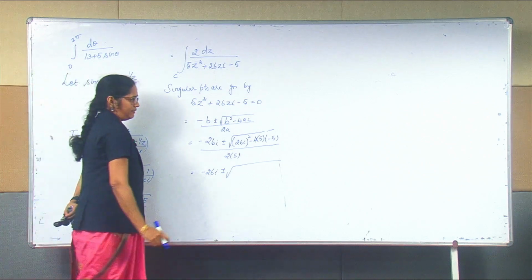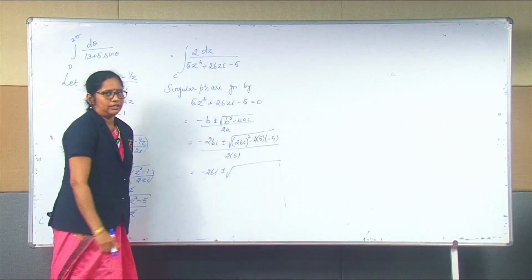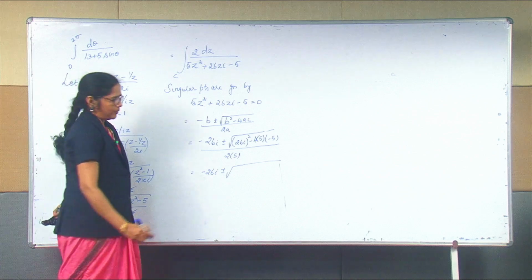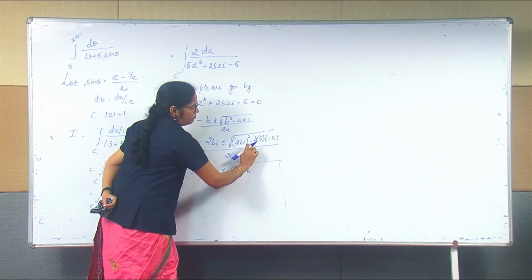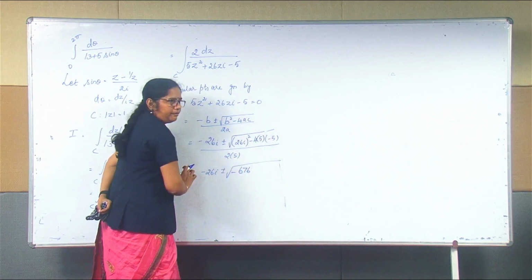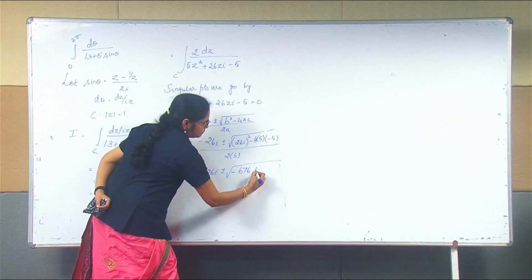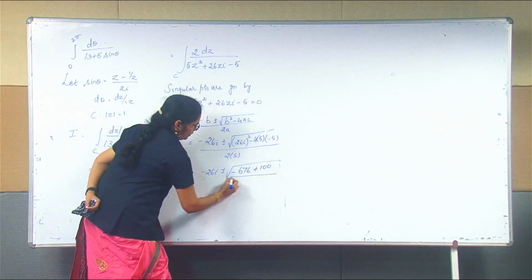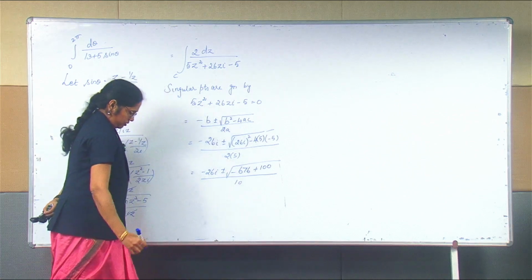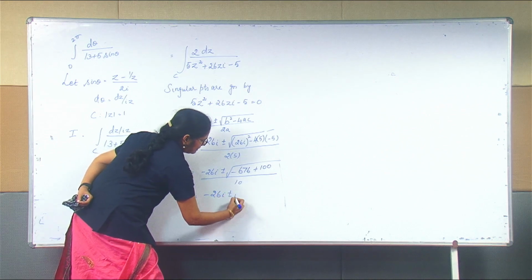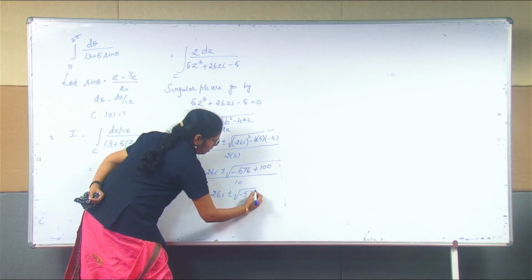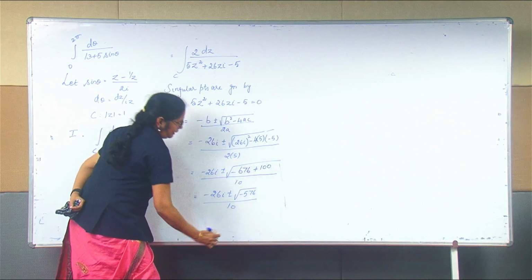It is 676 i square. We know that the value of i square is minus 1, so minus 676. Here 4 fives are 20, 20 fives are 100, and minus into minus becomes plus, so plus 100, divided by 10. So this is minus 26i plus or minus root of minus 576, by 10.